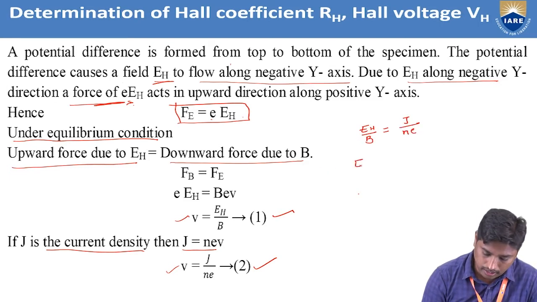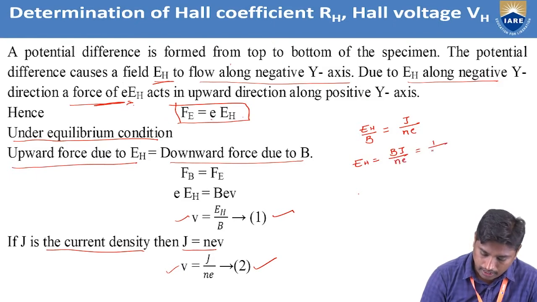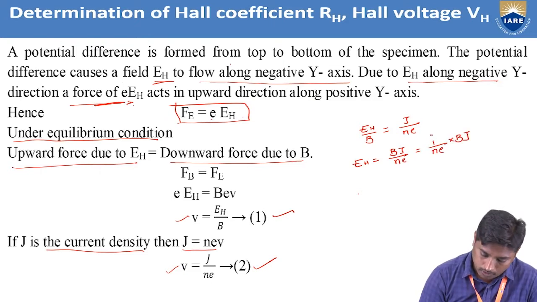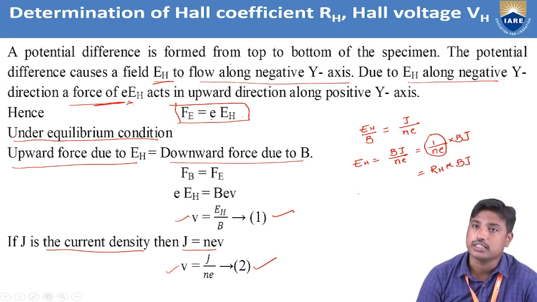From that, the Hall electric field E_H equals B into J by n into e. I am writing this equation as 1 by n e into B into J. I have taken one more constant instead of 1 by n e, called the Hall coefficient, R_H into B into J.